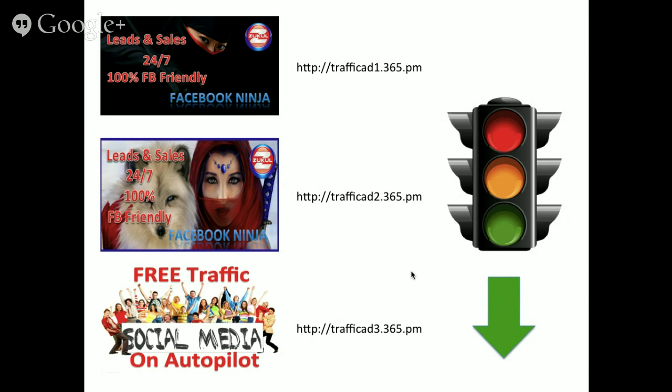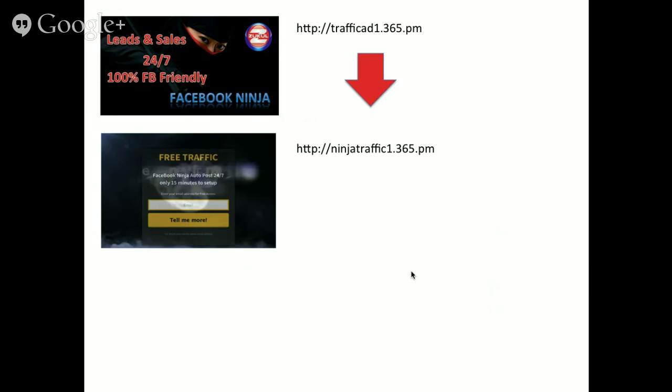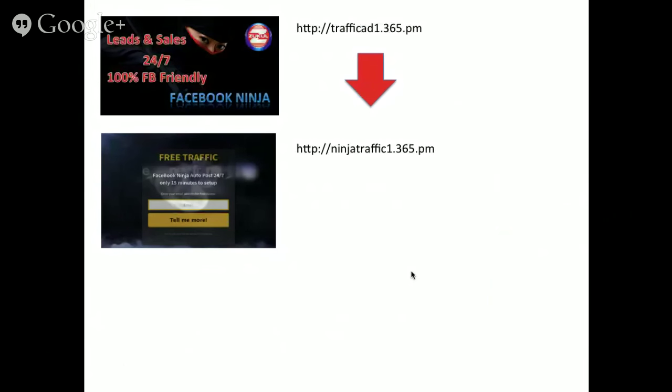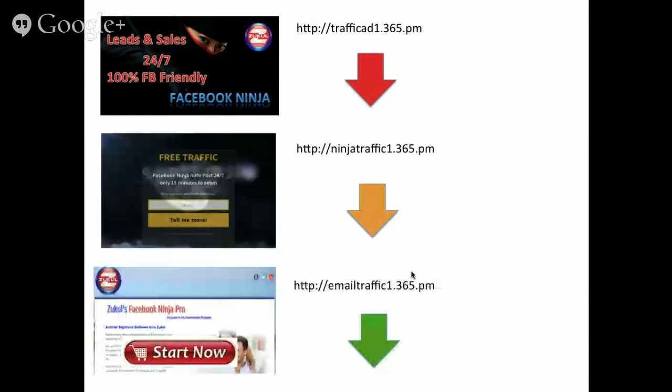These advertisements, as I say, I put them on the social media sites, and they will drive traffic, and then if somebody fills out their details, they're taken over to the sales page.